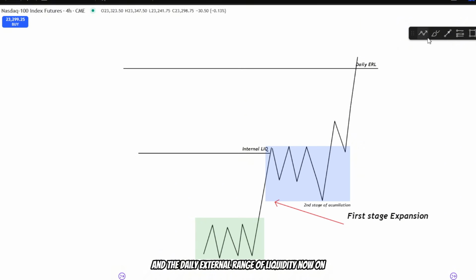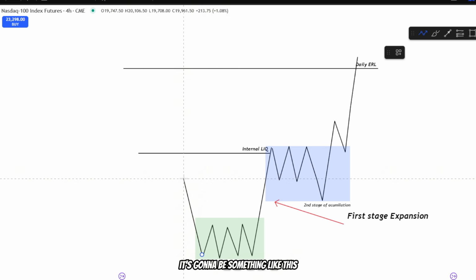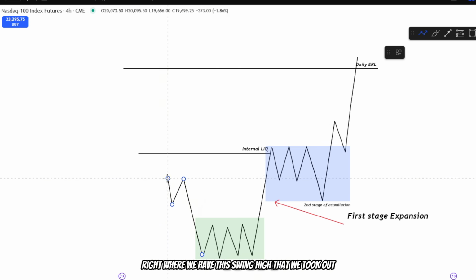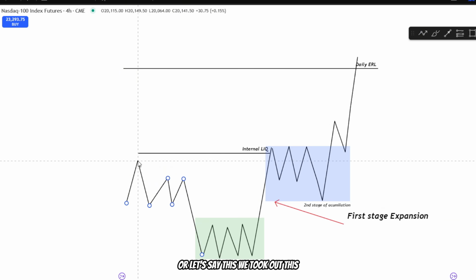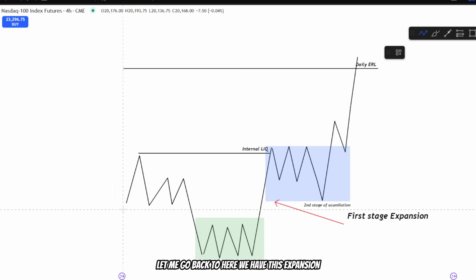Now, on the lower time frame, the daily external range of liquidity, what is it? It's going to be something like this, where we have this swing high that we took out, and then, let me go back to here.